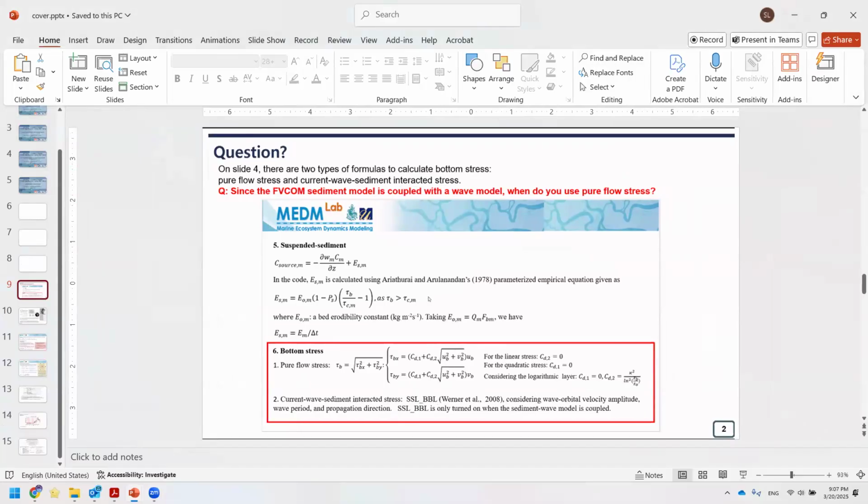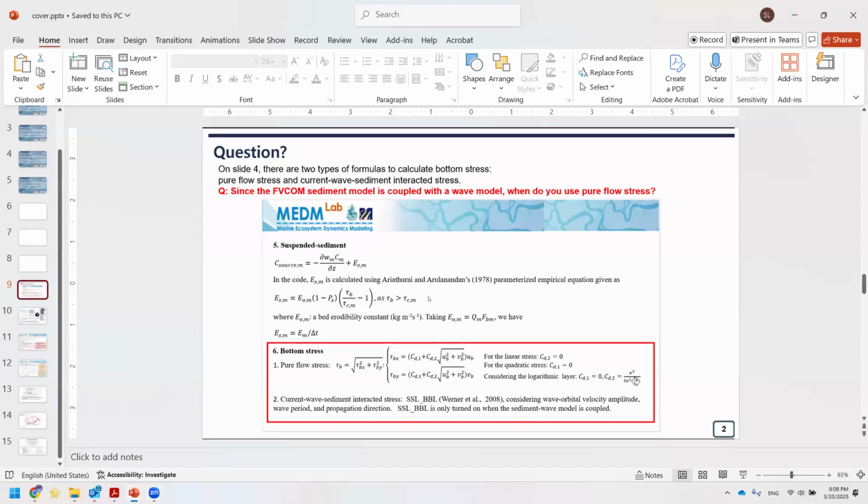Some people run the sediment model without turning on the wave model. If you don't turn on the wave model, you don't have a wave parameterization, so you have to use purely the circulation stress. So that's the reason.